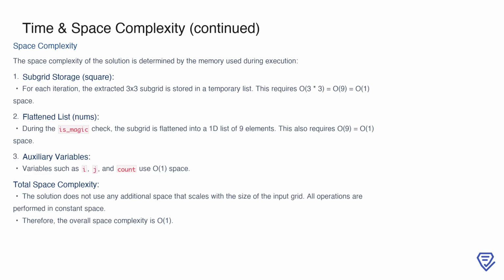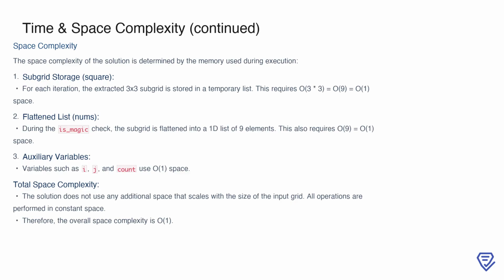Turning to space complexity, the memory usage of our solution is driven by temporary storage during execution. First, the extracted 3x3 subgrid is stored in a temporary list, requiring space for 9 elements. This contributes O(1) space since the size of the subgrid remains constant. Similarly, during the is_magic check, the subgrid is flattened into another 1D list of 9 elements, which also uses O(1) space.